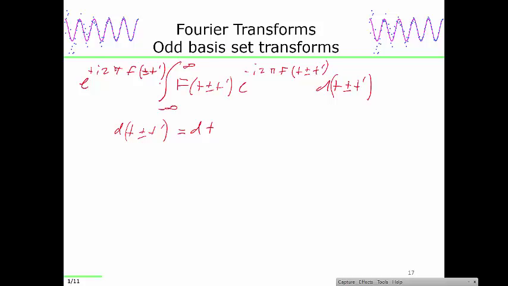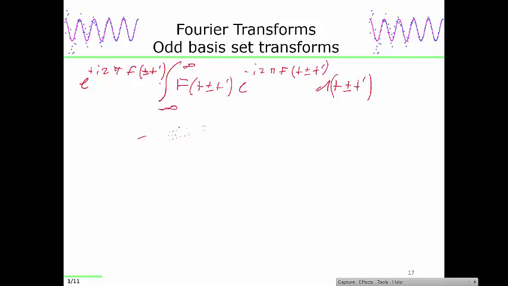Is this integral a function of t or t prime? The answer is neither. It is not a function of time because I'm integrating over time.